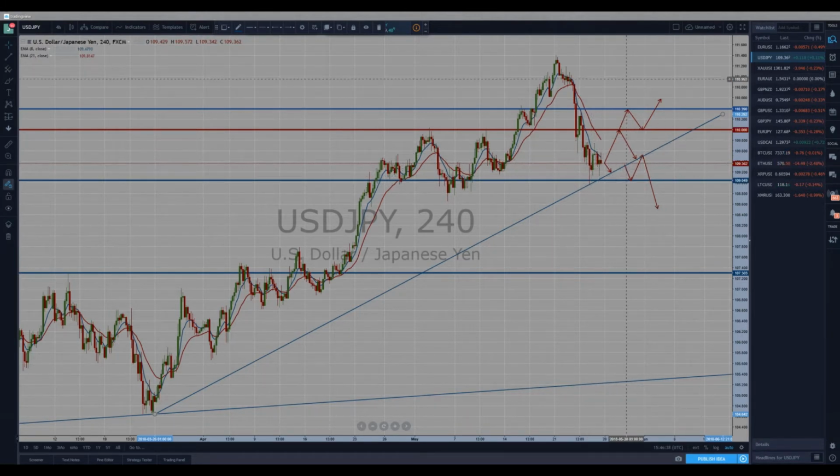So I want to see more bullish momentum before I buy it, or we're looking for another break and retest of this trend line before selling it, specifically a break of this horizontal line, because that will signify a potential break of structure. Structure has not broken yet, which is why I'm not necessarily looking for sells, not long-term sells at least. So yeah, that's what I see for UJ.